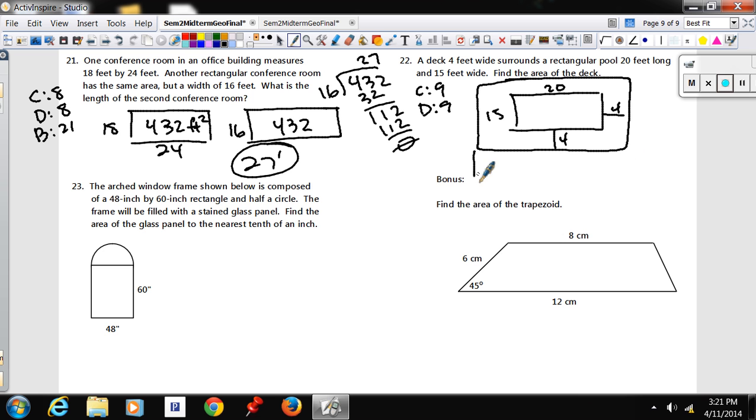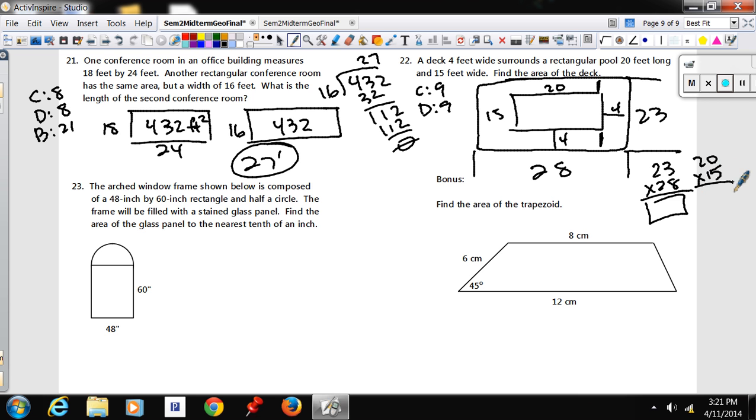So that means this right here is 20 plus 4 plus 4, it's 28. This right here is 15 plus 4 plus 4, that has to be 23. So you're going to do 23 times 28 to get an answer. You will do 20 times 15 and get an answer, and you'll subtract those two to get your deck. It's the whole amount minus the pool. That will give you the deck.